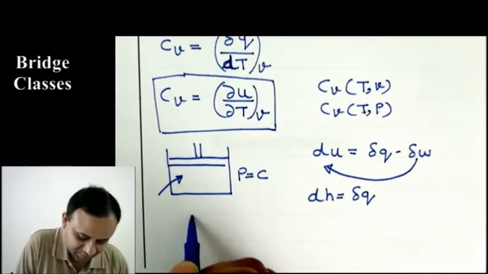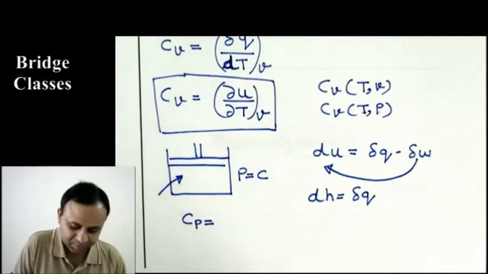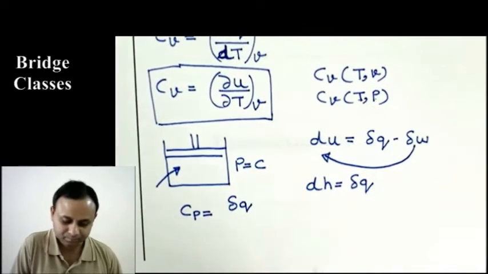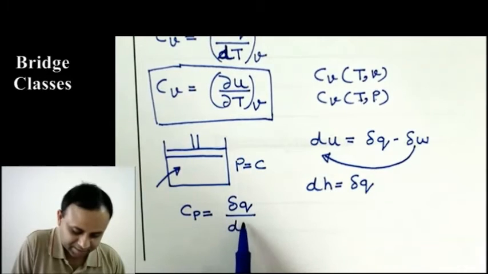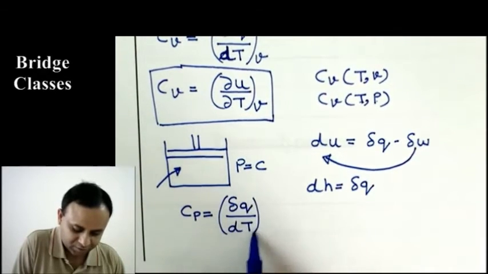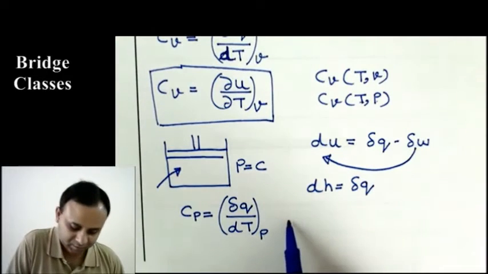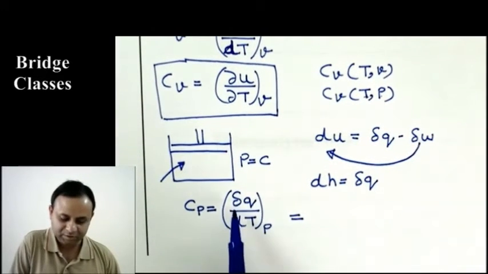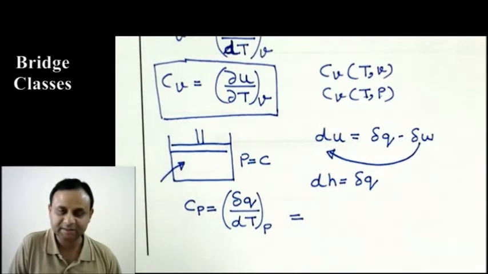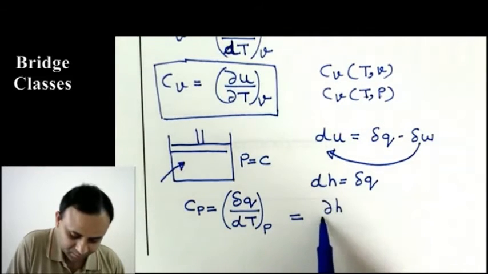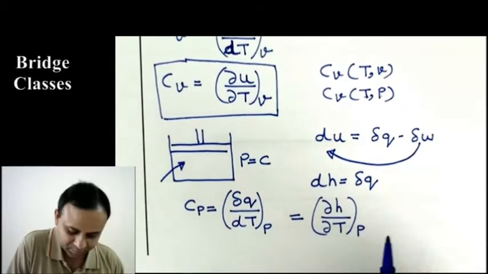Now see, what is the definition of CP? CP is the amount of heat transfer per unit mass, per unit rise in temperature when the process is executed at constant pressure. Because this heat transfer at constant pressure is the same as change in enthalpy, this becomes change in enthalpy over change in temperature at constant pressure.